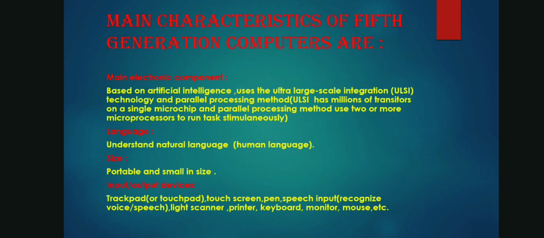Size: the size of artificial intelligence based computers is small as compared to other generations of computers. Input output devices: trackpad, touchpad, touchscreen, pen, speech input, light scanner, printer, keyboard, monitor, mouse, etc. are the input output devices of artificial intelligence based computers.